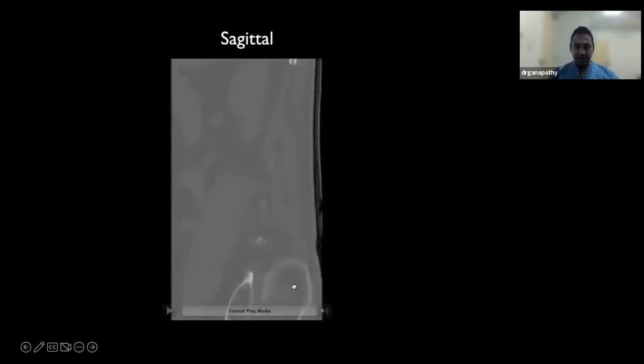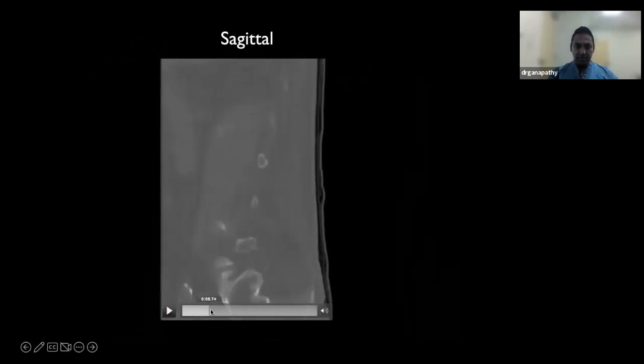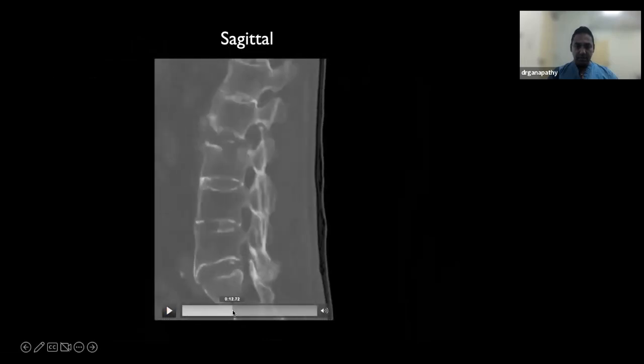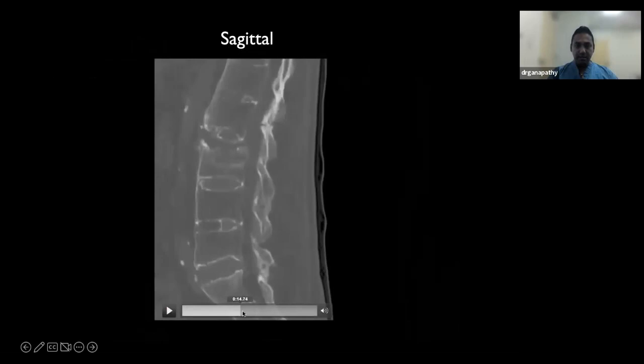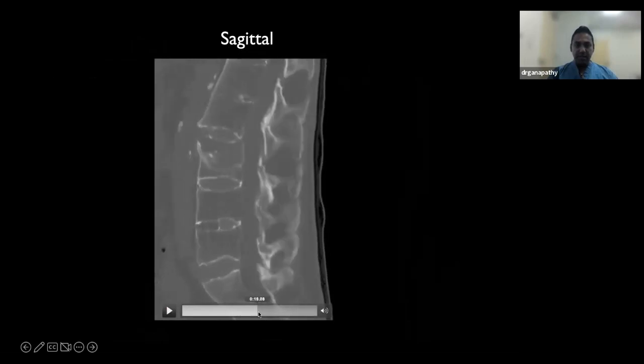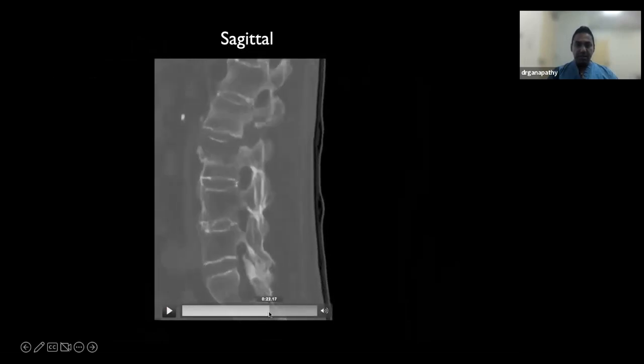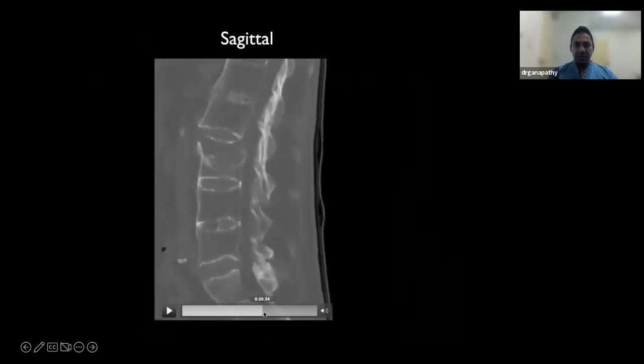So the initial sagittal CT, I'll try to see if I can run through this. You're seeing end plate changes, translation, as well as a 3-column injury on this CT.